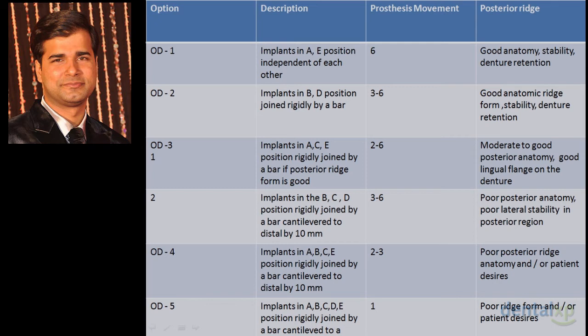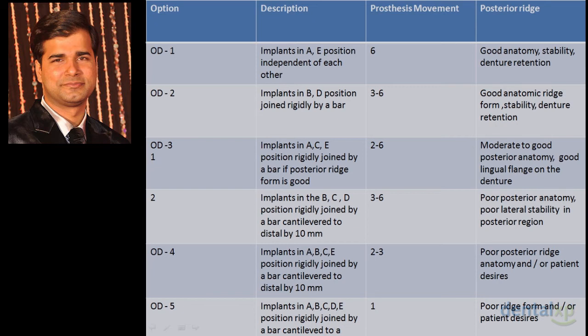If it's overdenture option 3, if it's the first instance, the implants are placed in A, C, and E position, rigidly joined by a bar. If posterior ridge form is good, prosthesis movement ranging from 2 to 6. However, the posterior ridge needs to have a moderate to good posterior anatomy. Good lingual flange on the denture is a requisite.